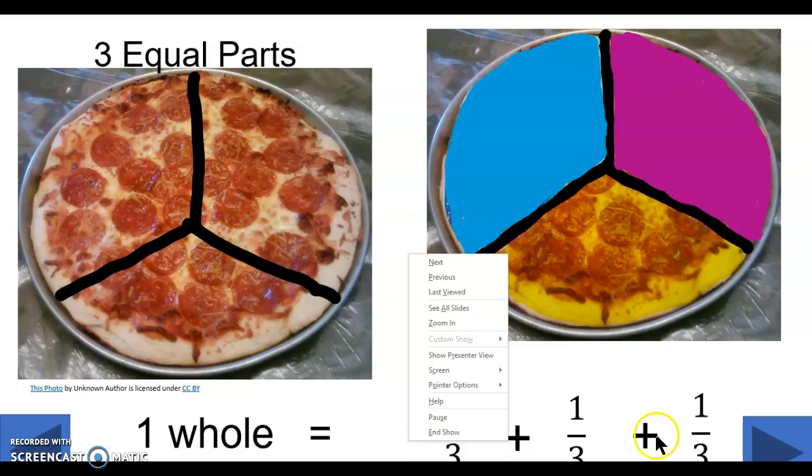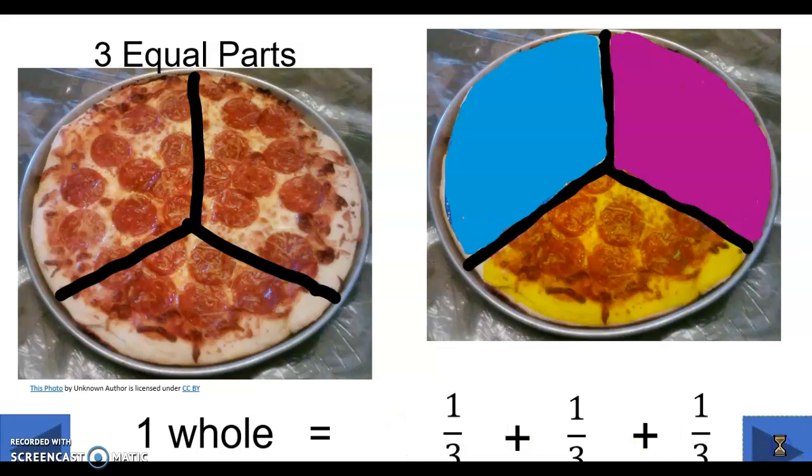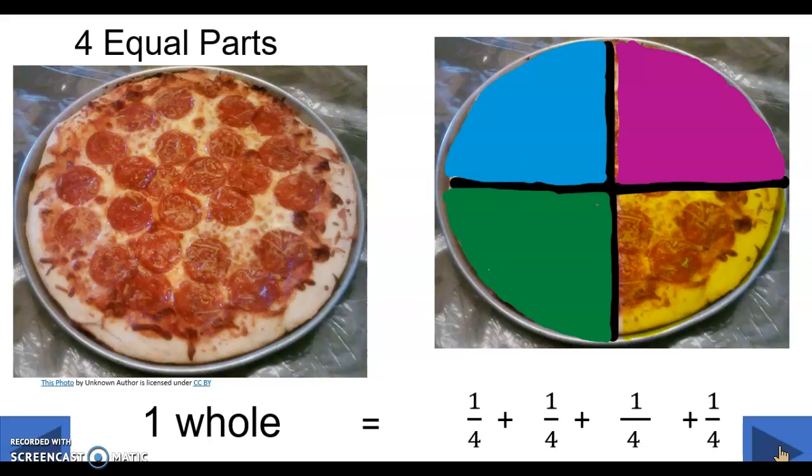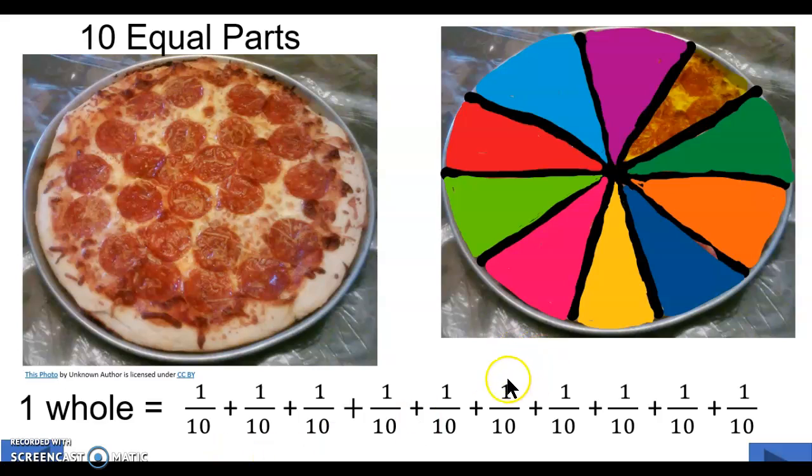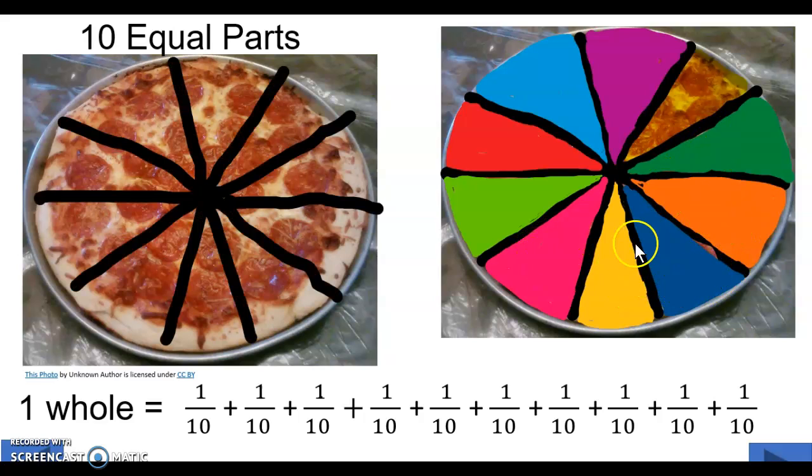This is the same for the thirds, and I want to advance it to the next one for the fourths, and then of course the tenths. Whoops, let me go back for just a second. On the tenths, because I couldn't put 10 arrows, that really would be very distracting, I have a fly-in of 1/10 that's labeled on each of those colored parts.